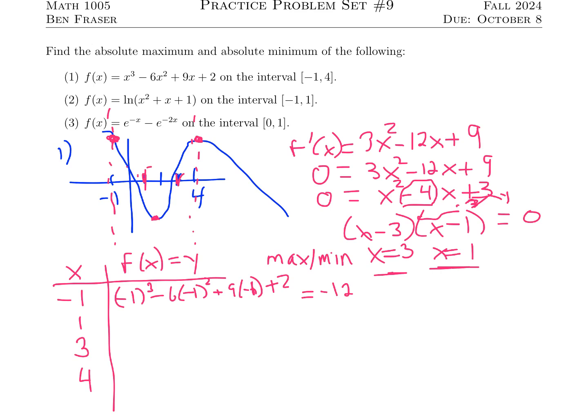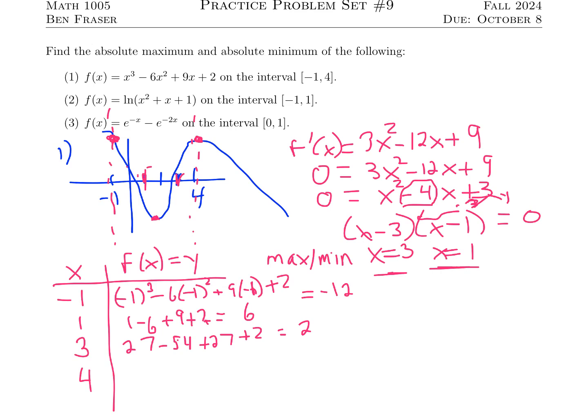I'm going to put the 1 in next, and I'm going to get 1 minus 6 plus 9 plus 2, and that's going to give me 6. Then I'm going to do it with 3. I'm going to get 27 minus 54 plus 27 plus 2, and that's going to be 2.